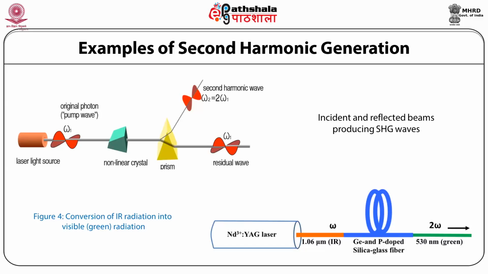Examples of second harmonic generation. Example 1. The second harmonic generation could be interpreted as a coherent optical process of radiation for dipoles in the material and depends on the first term of the expansion for polarization as represented in equation 1.